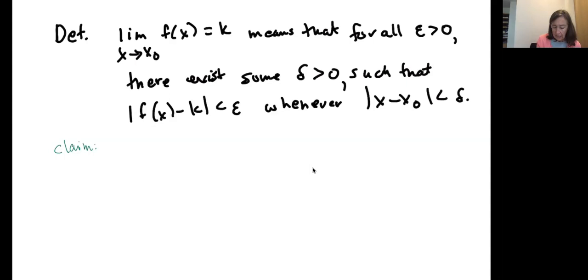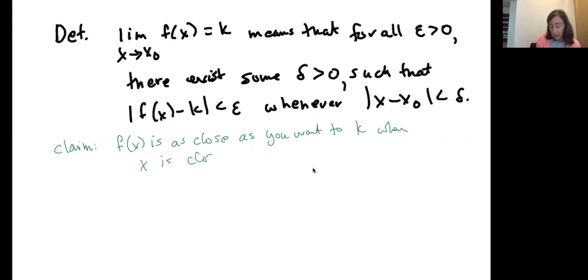The claim is that f of x is as close as you want to k when x is close enough to x0. If I'm saying that k is the limit of f of x as x is approaching x0, this is my claim.